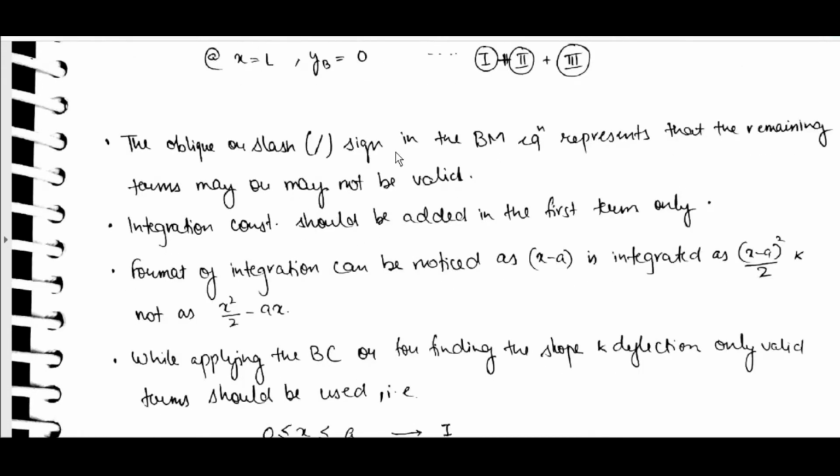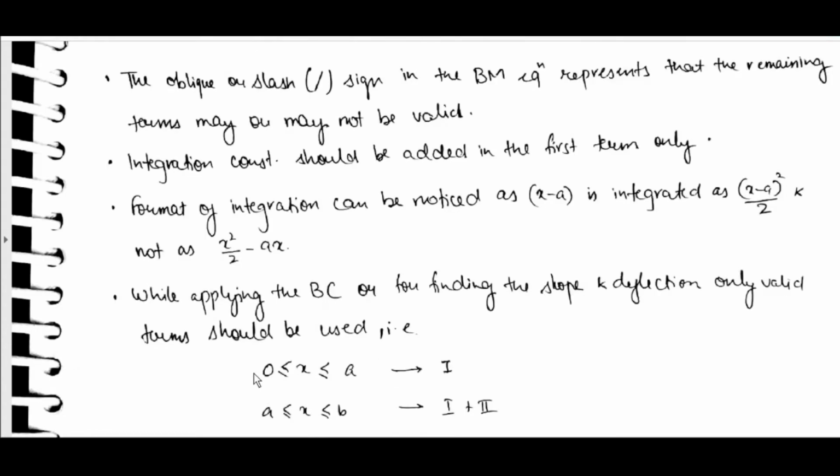The oblique or slash sign in the bending moment equation represents that the remaining terms may or may not be valid. Integration constant should be added in the first term only. Format of integration can be noticed as x minus a is integrated as x minus a whole square by 2 and not as x square by 2 minus ax.